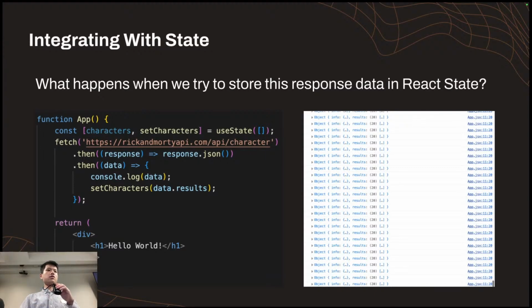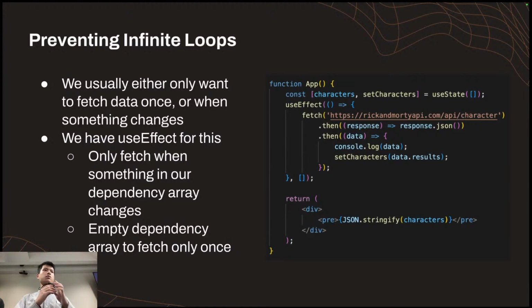And in order to fix that, we need to prevent infinite loops. We usually either only want to fetch data once or when something changes. So we need to move this fetch to the useEffect and ensure it just fetches once. So in this example, we can fetch this Rick and Morty API only once when the app component is rendered.